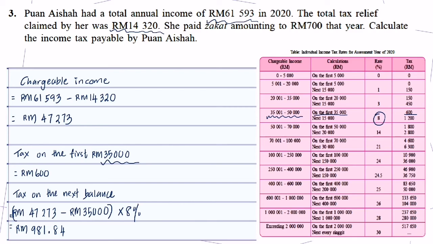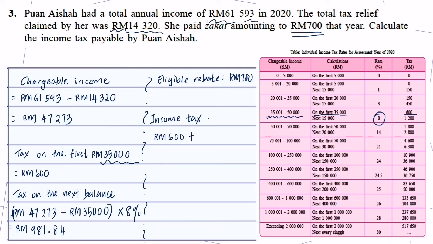Okay, after that, you determine got any tax rebate or not. She pays zakat amounting to 700 that year. So tax rebate is 700 ringgit. So now we count for the income tax. First 35,000 is 600 ringgit.